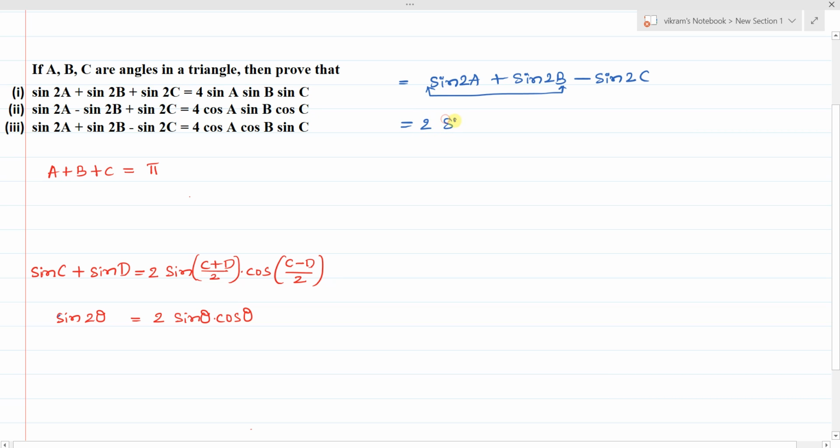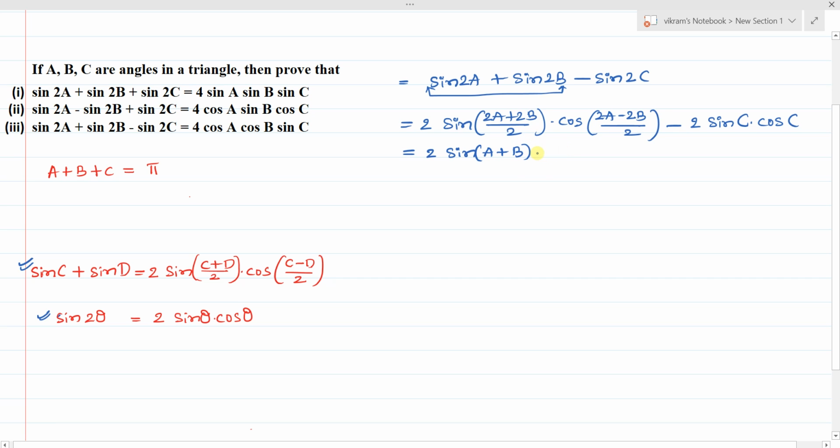Then we can write this as 2 sin of (C plus D)/2 into cos of (C minus D)/2 minus 2 sin C into cos C. Applying the formulas for sin C plus sin D and sin 2 theta, we can simplify this as sin of (A plus B) into cos of (A minus B) minus 2 sin C into cos C.